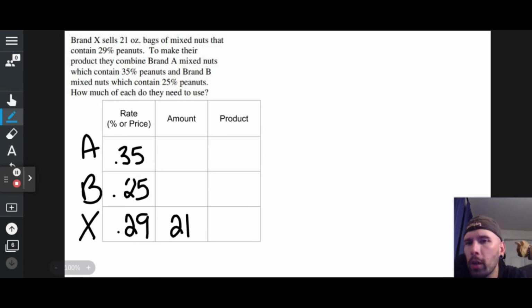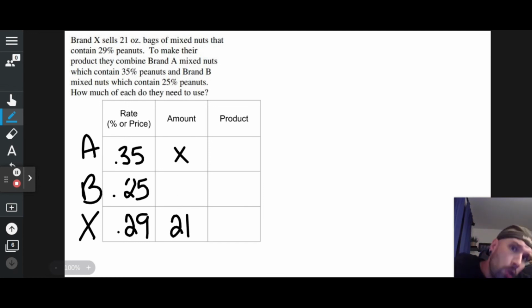We don't know how much is A. We don't know how much B is either. The last thing I want to do is introduce a new variable because then I won't be able to solve it. When I learn how to do these with systems of equations, that's a different story. But right now, I don't know how to solve this with two variables.